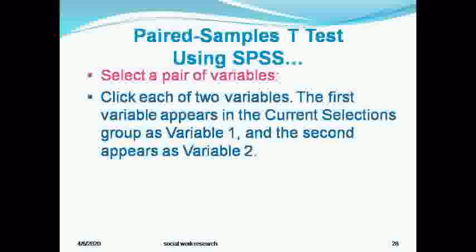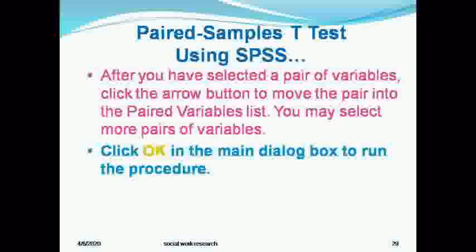Paired sample t-test using SPSS. Select a pair of variables, click each of the two variables. The first variable appears in the current selection group as variable 1 and the second appears as variable 2. After you have selected a pair of variables, click the arrow button to move the pair into the paired variable list.